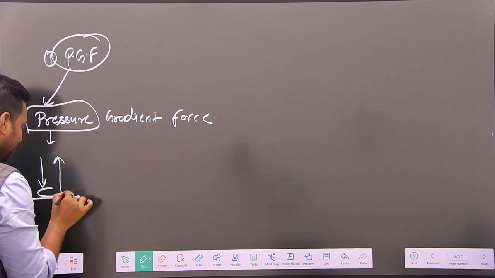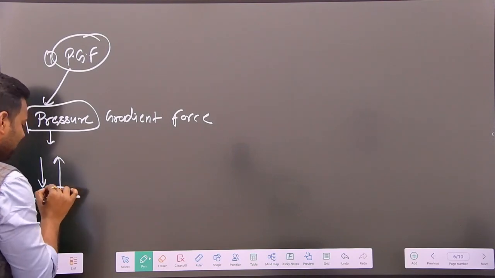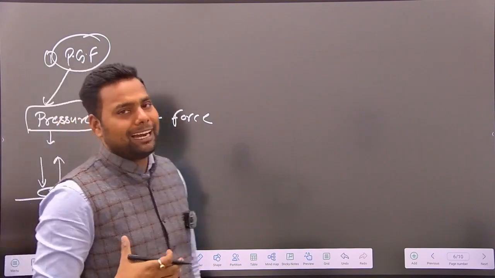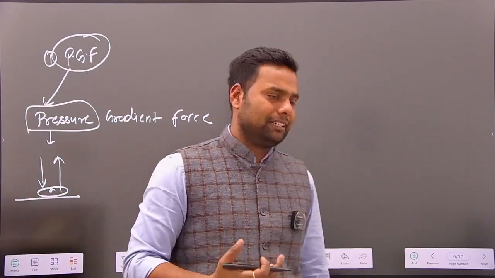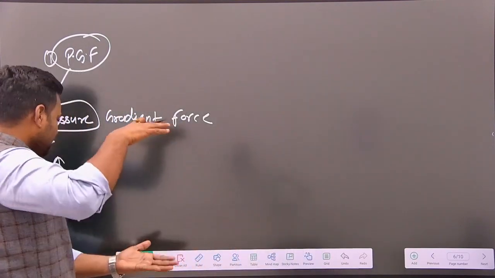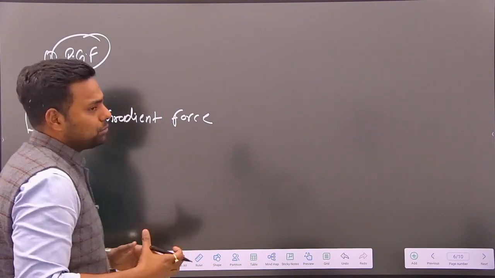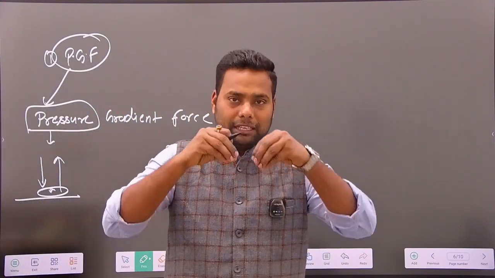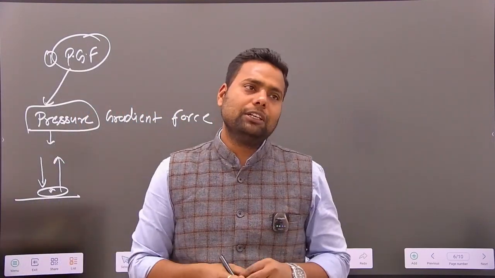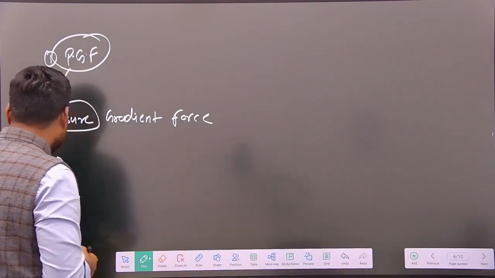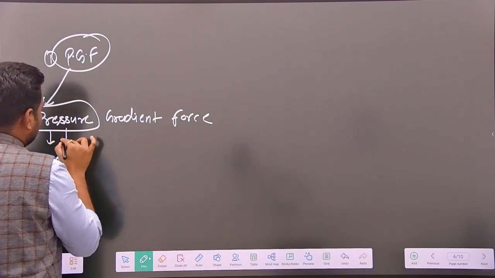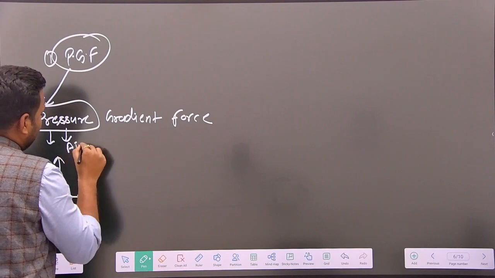It has some kind of pressure due to the impact of gravity. The air has molecular weight, and due to that weight it exerts pressure on the earth. That is why there is a pressure related to the air.